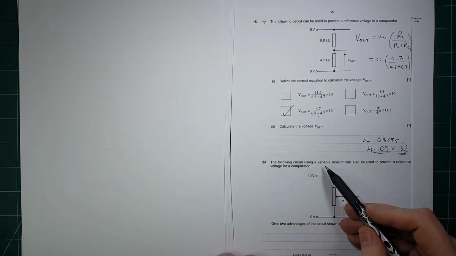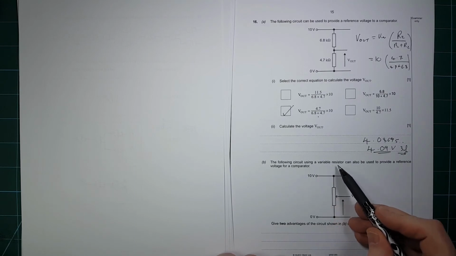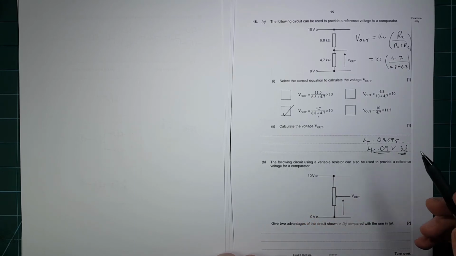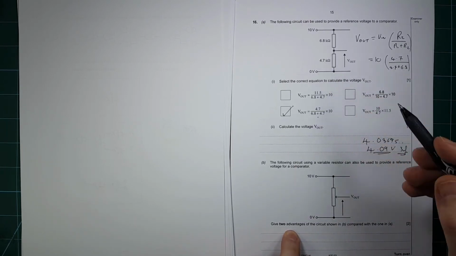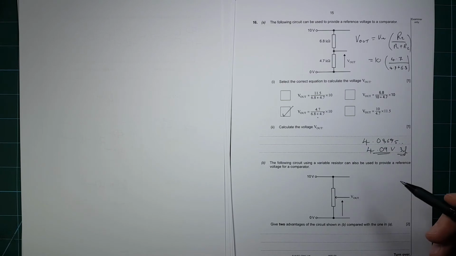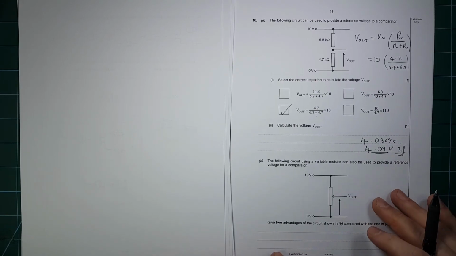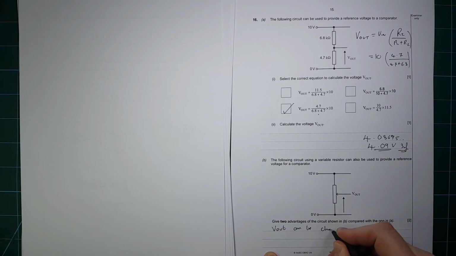B. The following circuit uses a variable resistor. It's actually a potentiometer, but we'll let them off. Can also be used to provide a reference voltage for a comparator. Okay, give two advantages of this compared with this. Right, well, it can be changed is the first advantage. So the output can be changed and tuned to get any value.